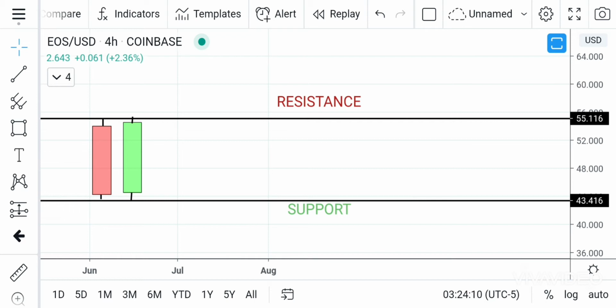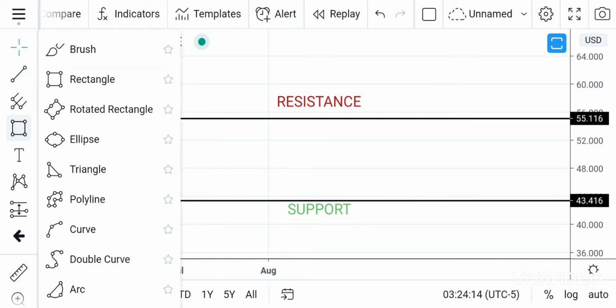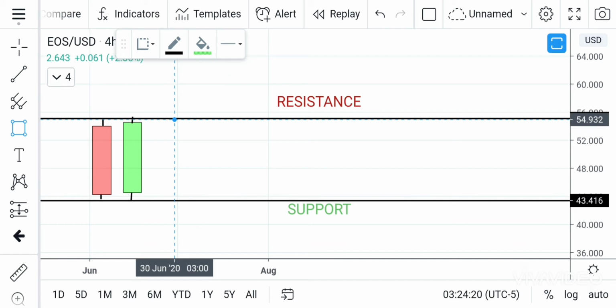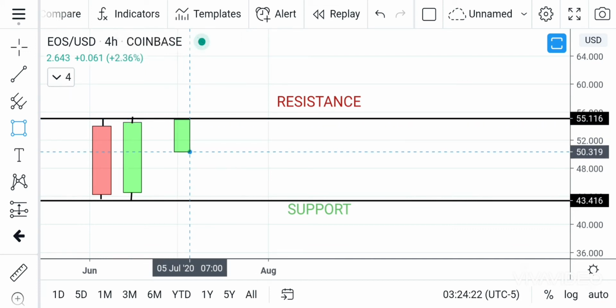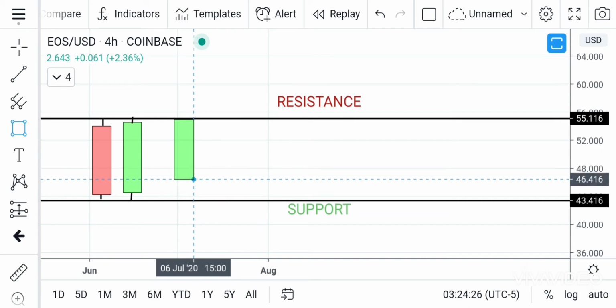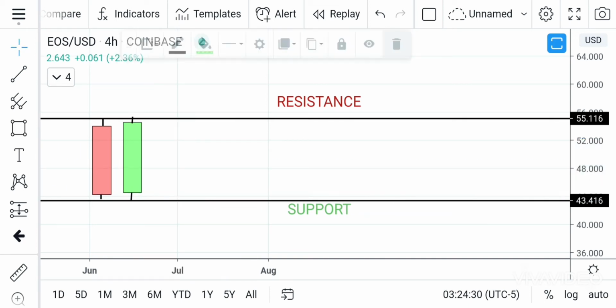Another aspect of candlestick patterns I'm going to talk about is the wick. So how does the wick form? Let's say sellers are pushing price down from the top. Let me use a red candle.